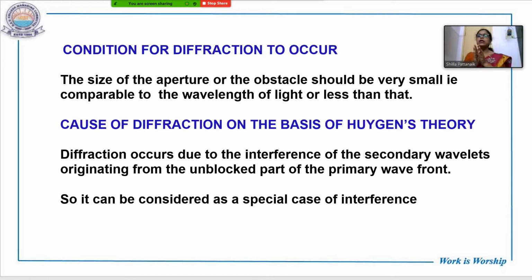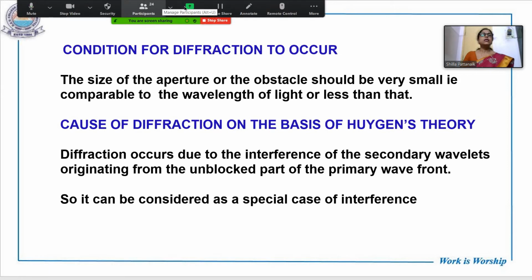Only a small part is unblocked, and every point on the small unblocked part acts as a source of secondary disturbance, gives out wavelets. When these wavelets superpose or interfere, then diffraction occurs. So, diffraction can be considered as a special case of interference. Is it clear to all of you?